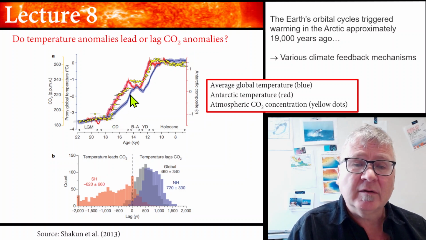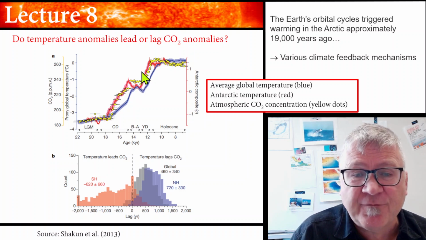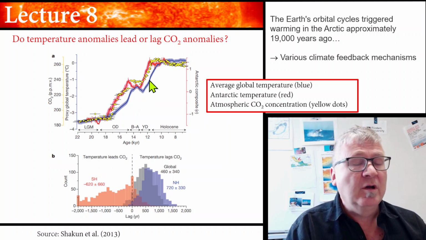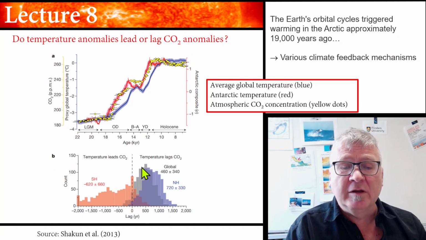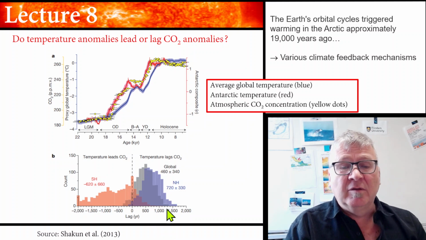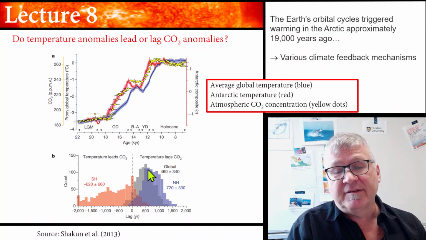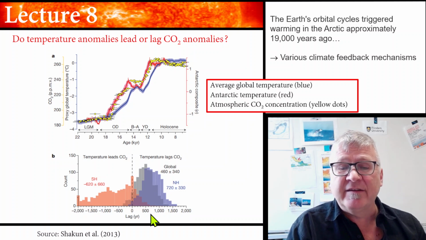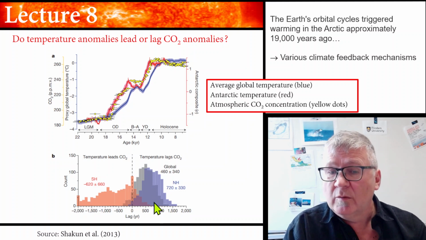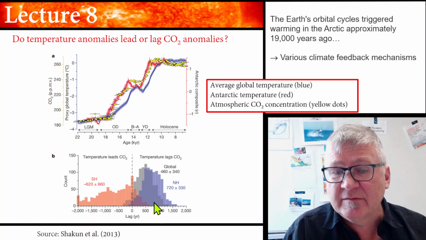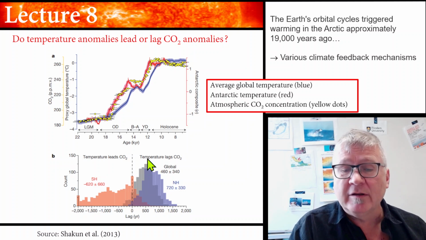You can see it again in the second step: CO2 comes first, and then it's followed by the global temperature increase. The lag is about 500, 600, 700 years. The CO2 increase comes before the temperature increase globally.